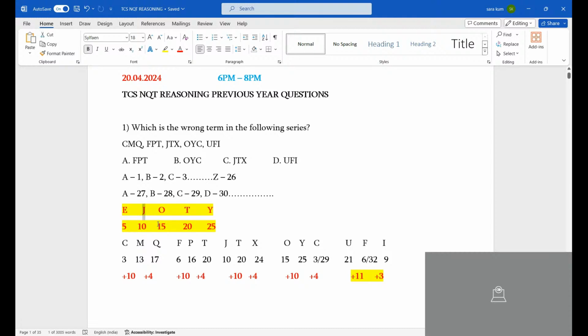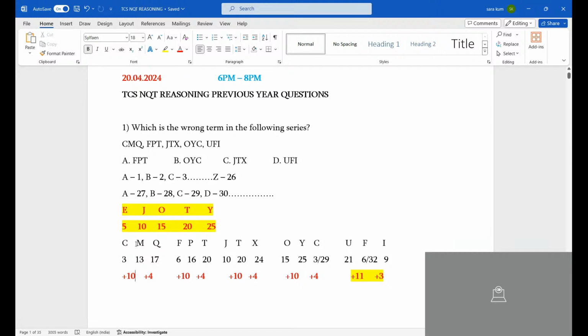If you want K, we know it is JK, so definitely it will be 11. If we want P, we know it is OP, so definitely it is going to be 16. If you want the number for the alphabet R, it is going to be RST, so it is going to be 18. So just keep this in mind, and using this, you can substitute the alphabets with corresponding numbers. So for C, it is 3.